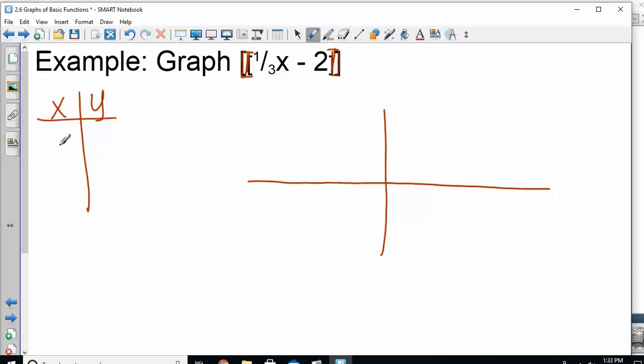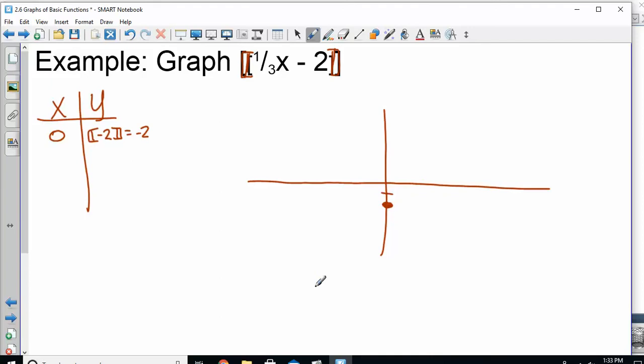So what do you want to plug in first? 0. 1/3 times 0 is 0. So you get the greatest integer of -2, which is -2. Okay, since I got an integer out exactly, I know that is the beginning of a step.